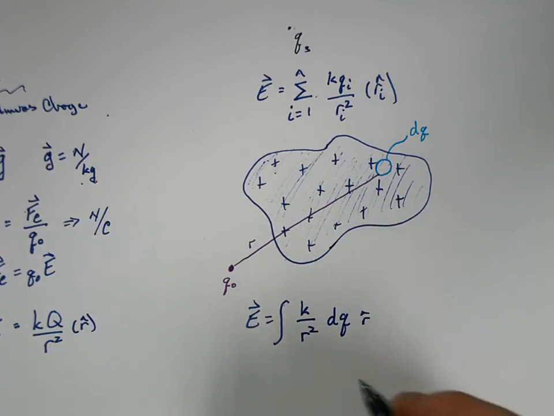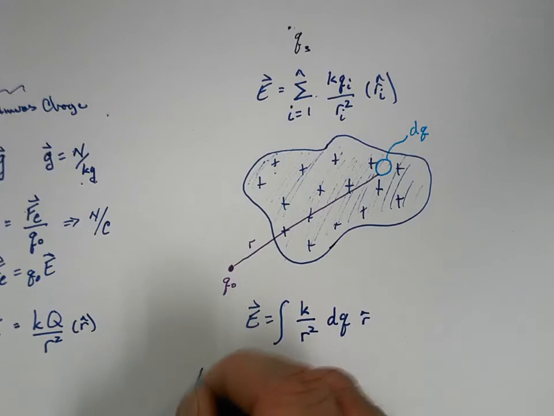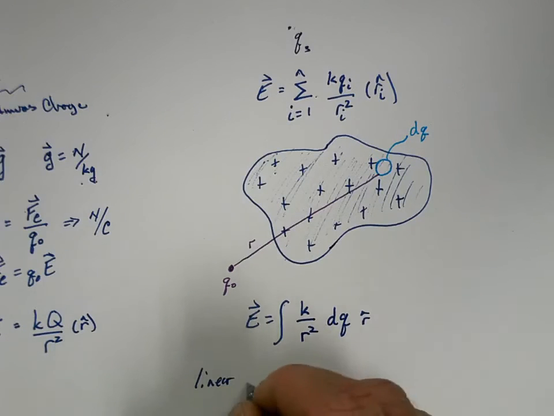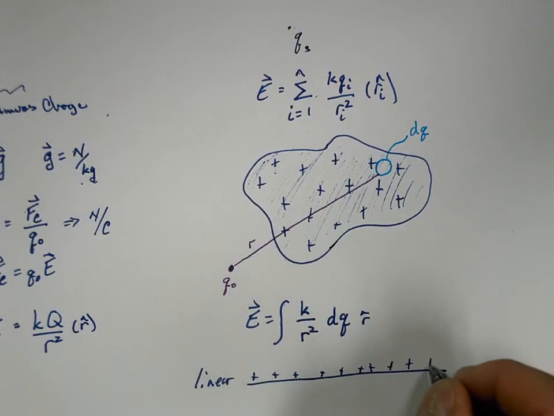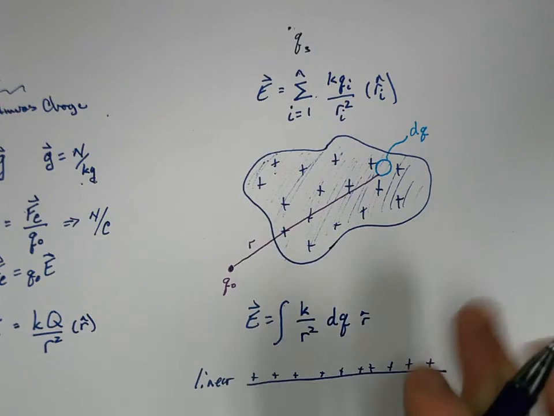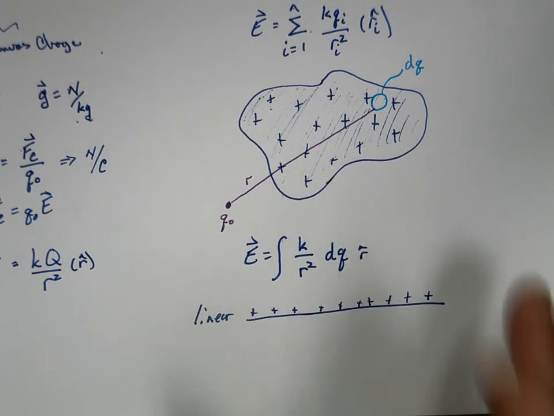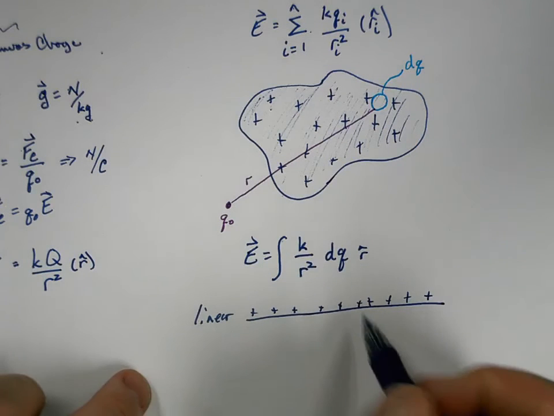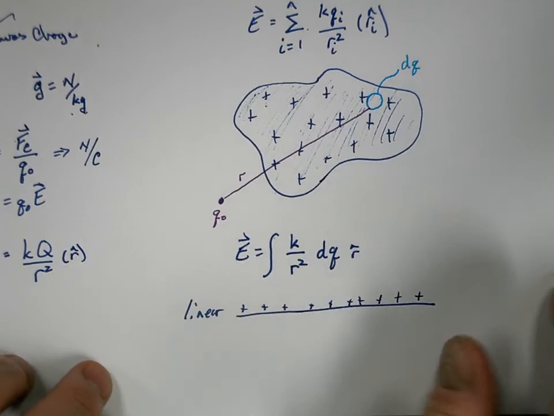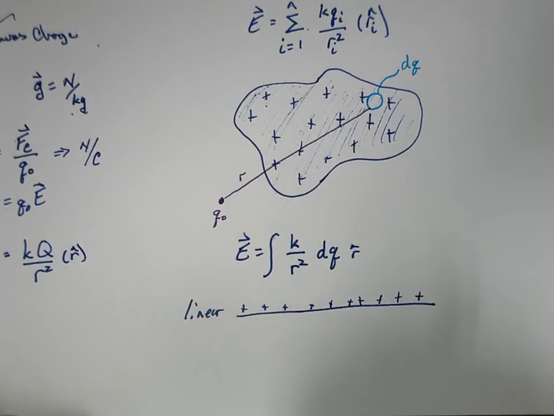Remembering our mass density. If we have a linear situation, we actually use the same variable for the density because it's a user assigned variable.